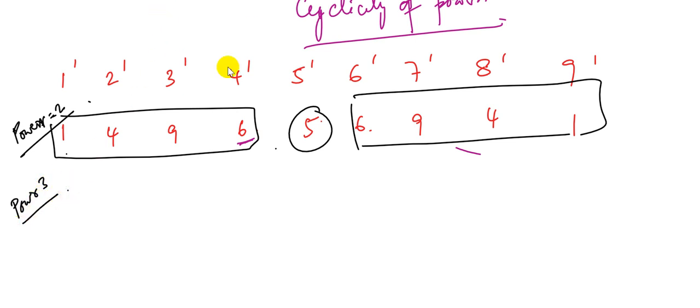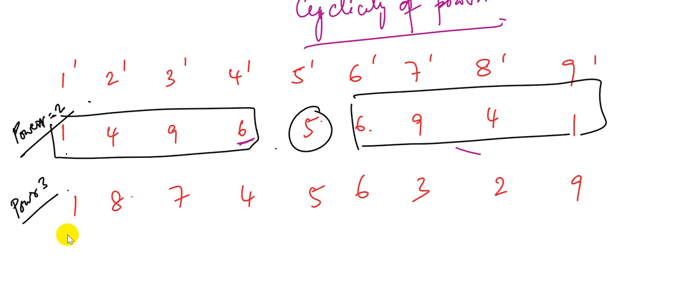If it is power 3, then you have 1, then 4 cubed is 64, so 4, then 9, 3 cubed is 27, so 7, and so on through 5, 6, 7 cubed is 343, so 3, 8 cubed is 512, so 2, and 9 cubed, so 9.